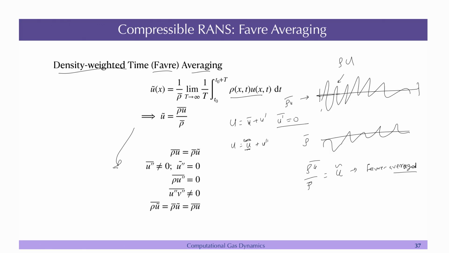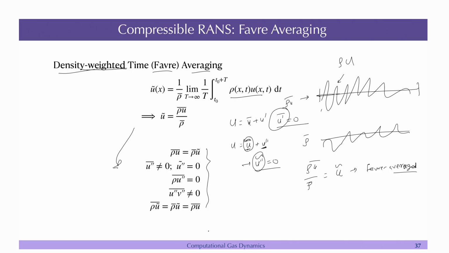This is the Favre averaged quantity, which is the density weighted average, and plus this is the fluctuation which is coming out because we have taken the density weighted average. So, now we are saying that u double prime tilde will go to 0. Okay. This direct time averaging and the density weighted time averaging are different.